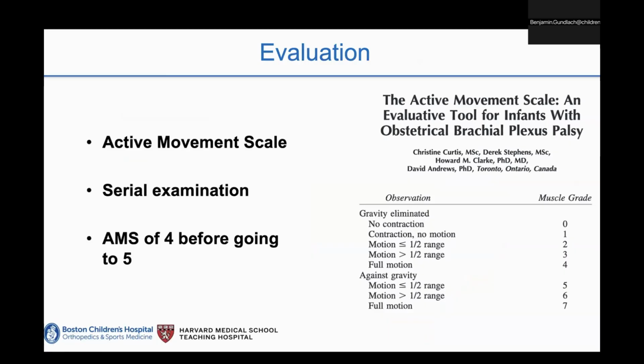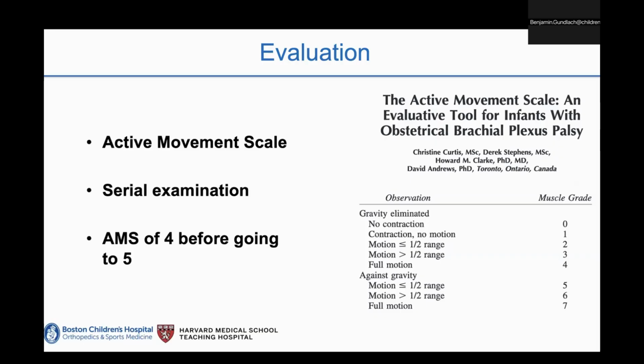Moving on to evaluation of the brachial plexus birth injury patient, there are a number of classification systems that have been proposed over time. However, the active movement scale proposed by Dr. Clark and others out of Toronto has become a very popular tool for assessing the infant with a brachial plexus birth injury. And seen here on the bottom right is the grading classification scale, which starts at a 0 for no contraction and goes up to a 7, which is full motion against gravity.